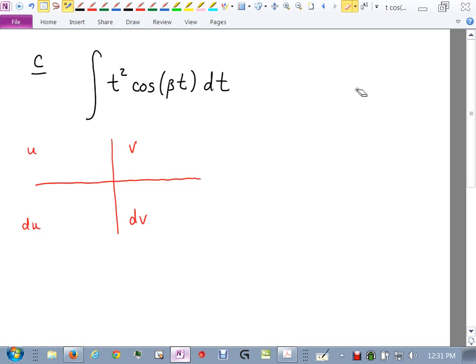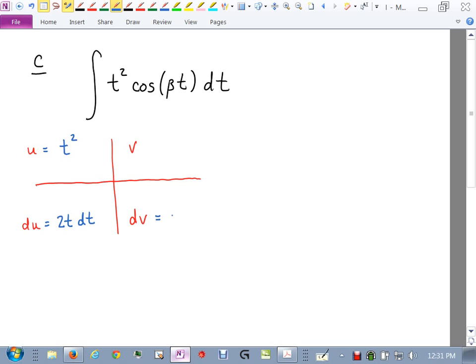If u is t squared, what's the derivative of t squared? 2t. So it got better, right? And then you'll have to go up with the cosine. The antiderivative of cosine is sine, right? So let's just try that. U is going to be my t squared, and the derivative of that is 2t dt, right?